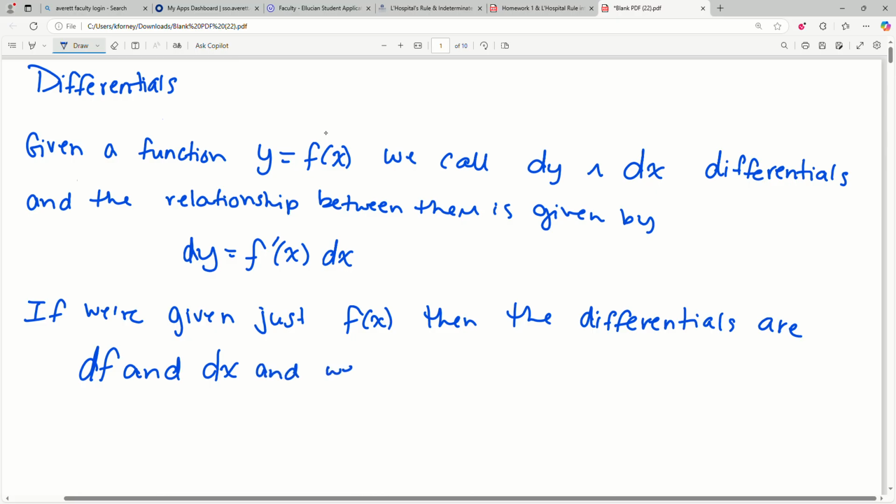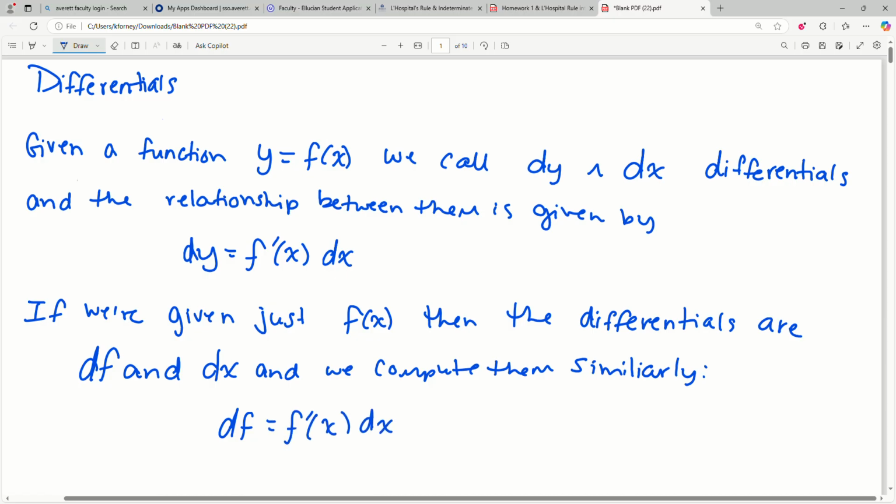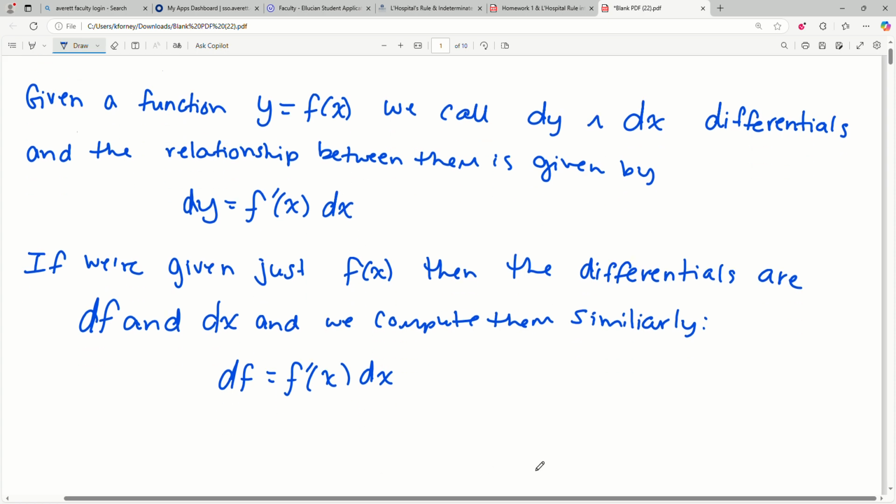And we compute them similarly. That would be df equals... it would look the same way. Oh, similarly, not the same.